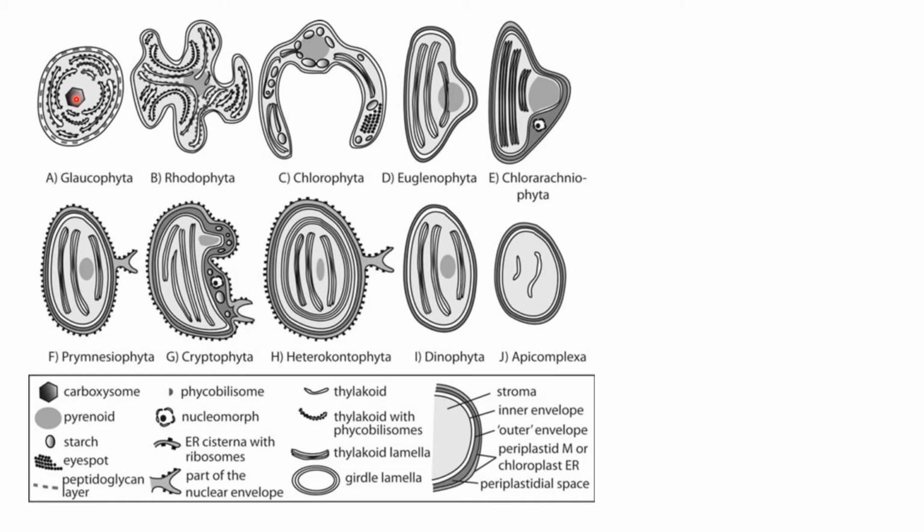Okay? And then the rest, instead of carboxysome, meron silang pyrenoid. So itong mga pyrenoid na to, same sila ng function for rubisco for carbon fixation. Okay? And then this one, apicomplexa, as you can see, wala siyang carboxysome or pyrenoid.